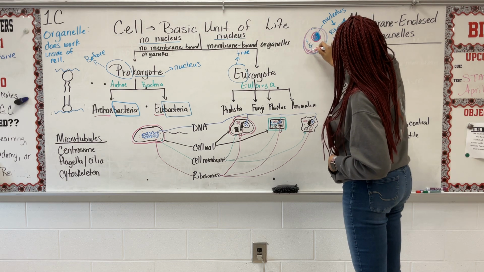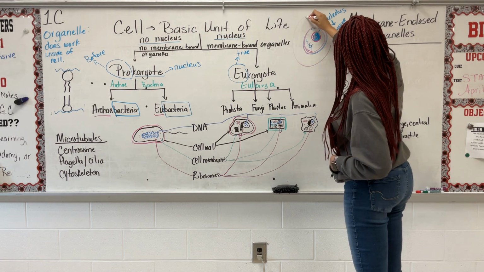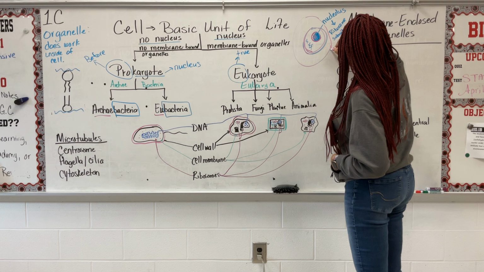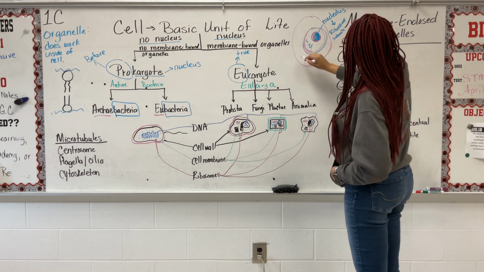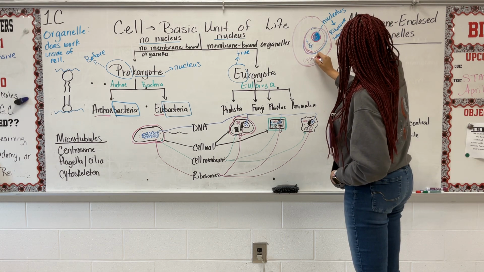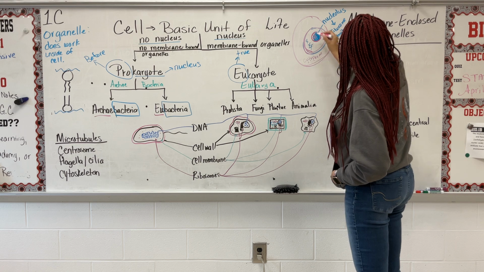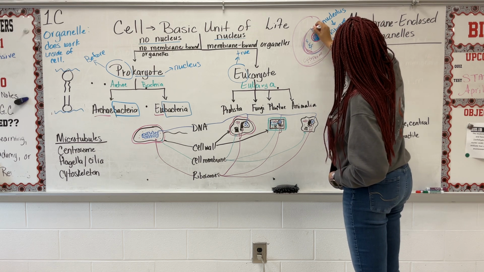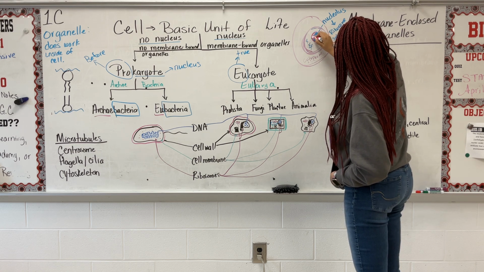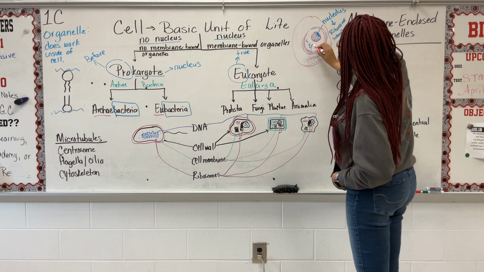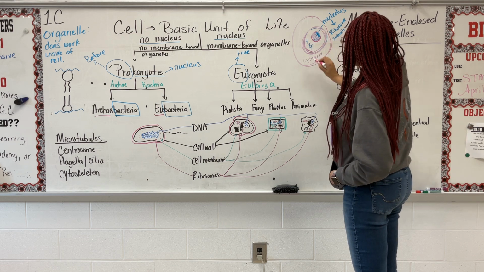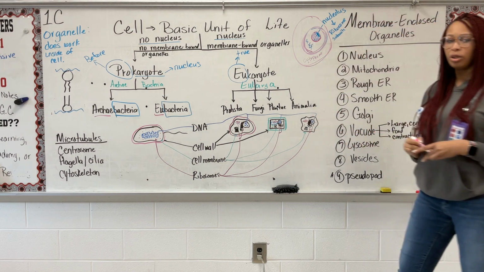That separates the genetic material from the rest of the cell. Okay. So if this is my cell, this is the cytoplasm out here, then a nucleus is going to be a double membrane that's going to be used to separate the genetic material or the DNA from the cytoplasm. So that's what a nucleus is.